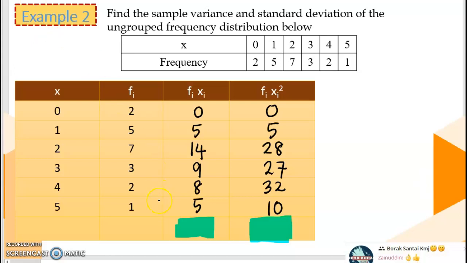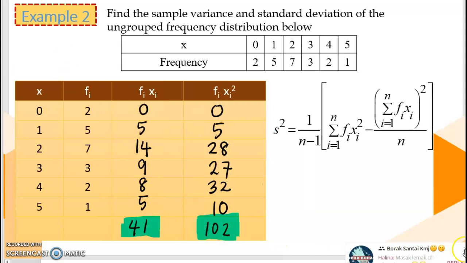And then we have summation of fx is 41. Summation of fx squared will be 102. And then the formula for this variance will be 1 over n minus 1. So here we are going to find n. Our n is equal to summation of f.